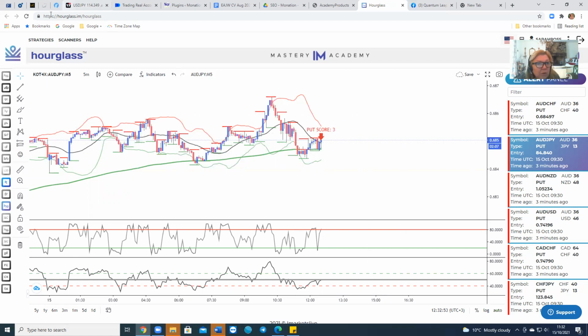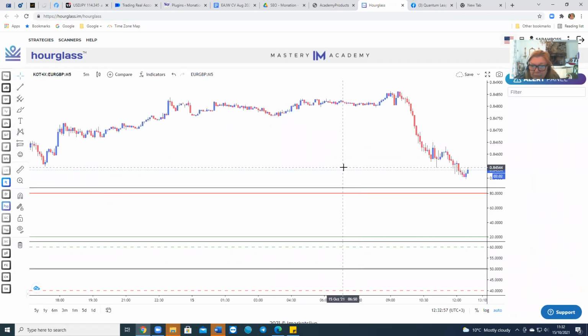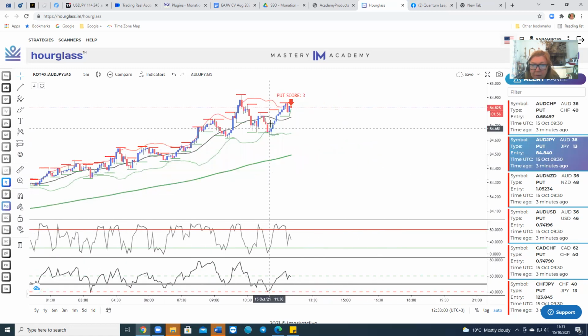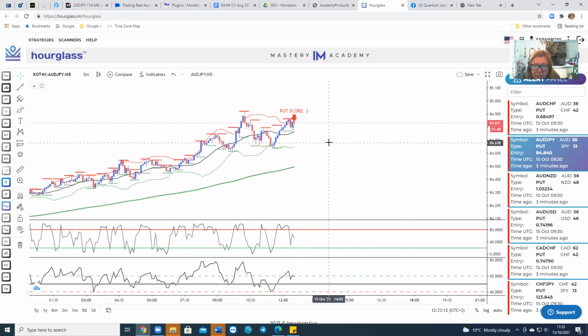I'm just wondering why it's saying that. Just refresh it again. Right, that's better. So if you notice discrepancies, always refresh your screen because the price was wrong, and refreshing it corrected it.